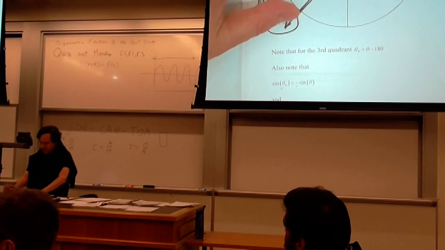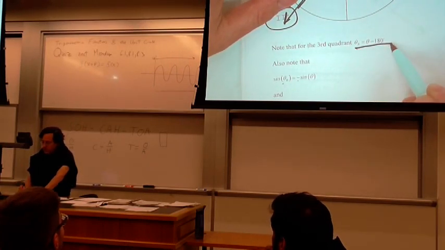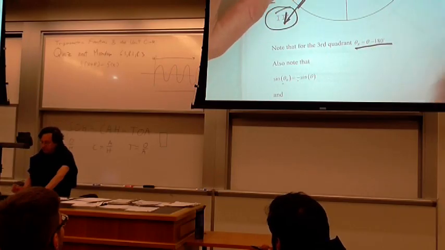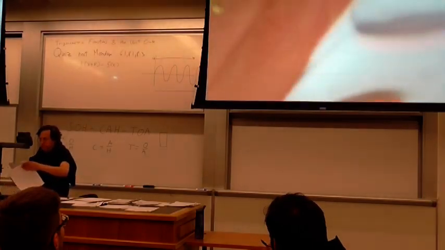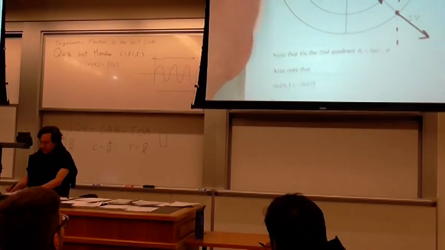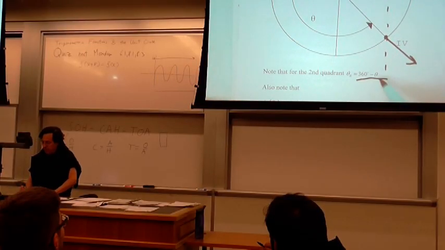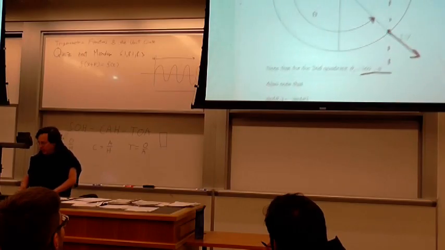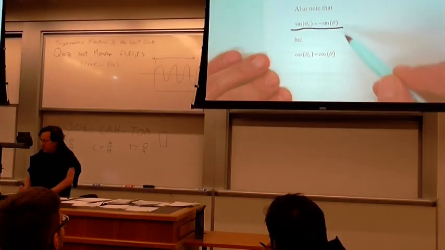In the third quadrant, the reference angle is always theta minus 180 degrees. Going back to the fourth quadrant, the reference angle is now 360 minus the angle. And here the sine is now the opposite, but the cosine is the same.